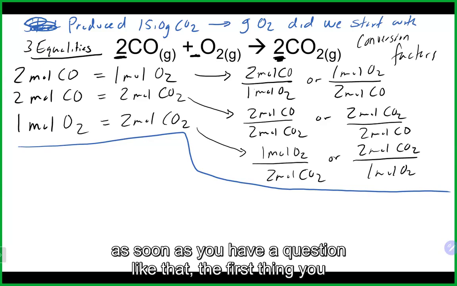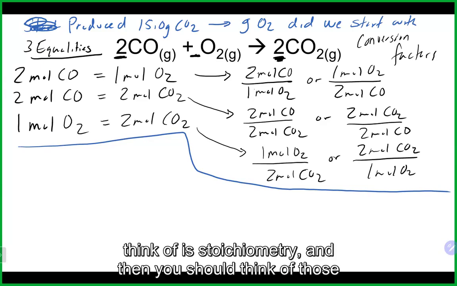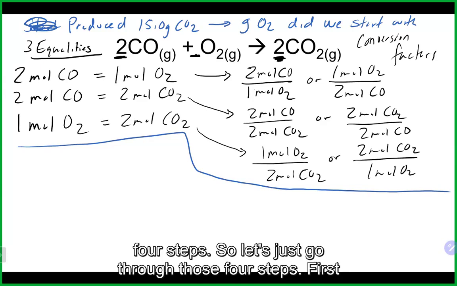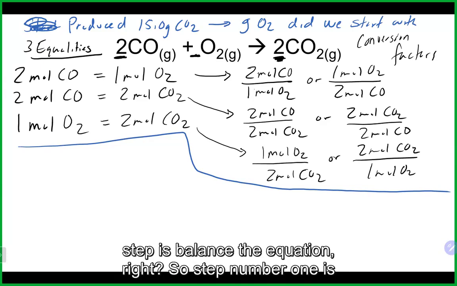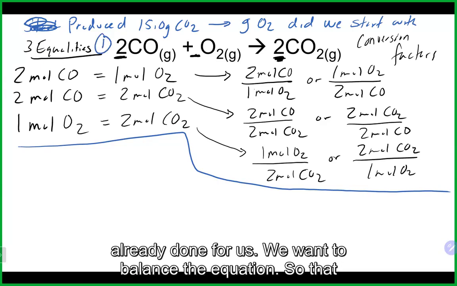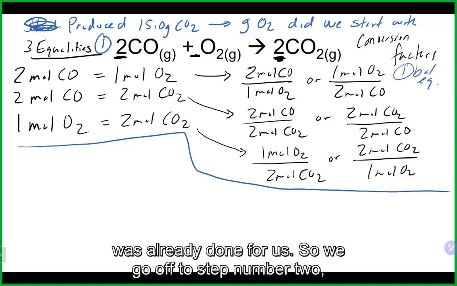As soon as you have a question like that, the first thing you think of is stoichiometry. And then you should think of those 4 steps. So let's go through those 4 steps. First step is balance the equation, right? Step number 1 is already done for us. So we go off to step number 2.